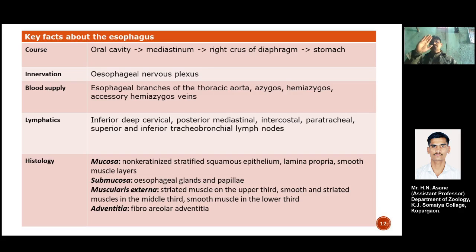The region occupied by the esophagus starts from the oral cavity, then the mediastinum, then the right crus of the diaphragm, and then it opens into the stomach.